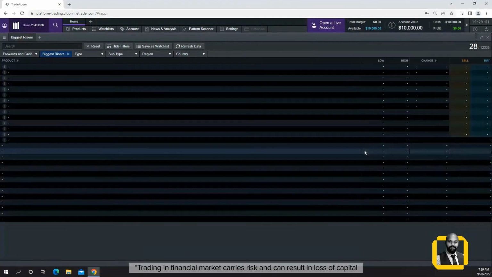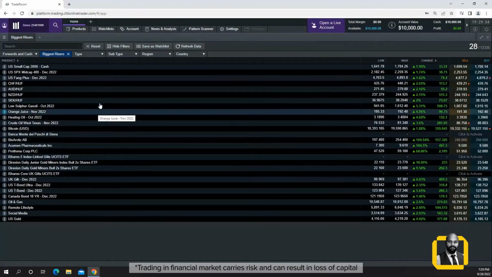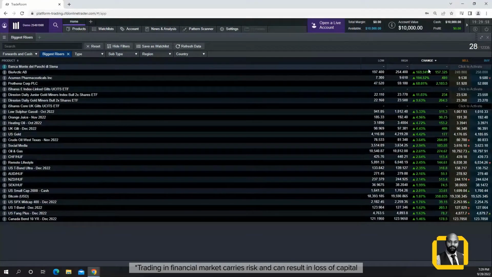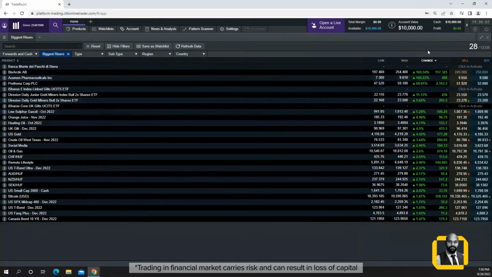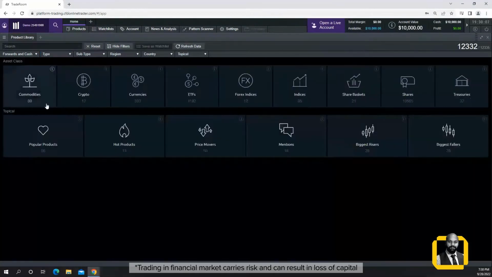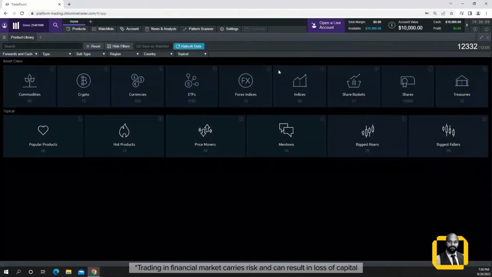You also have biggest risers, which shows you for the day what has moved the most in percentage terms, and what has moved on the other side, biggest losers. So pretty much most of the information is available over here in terms of products.